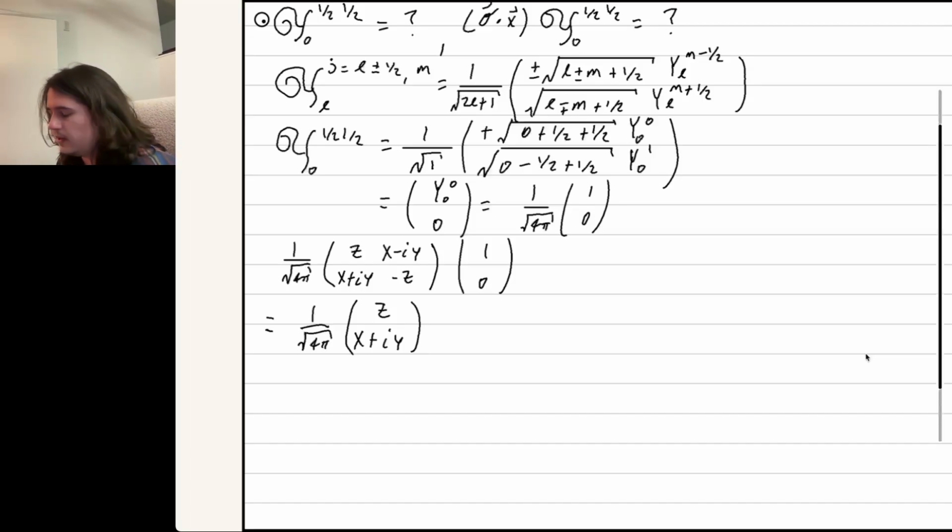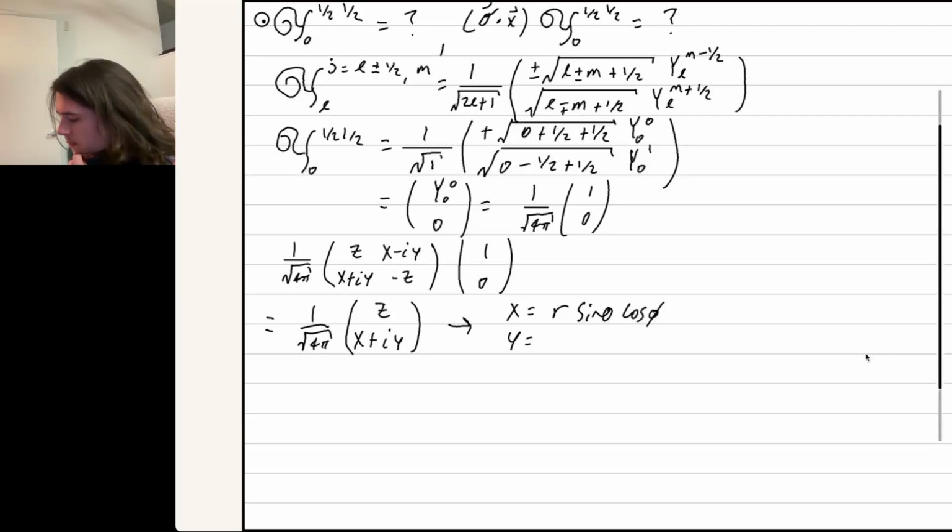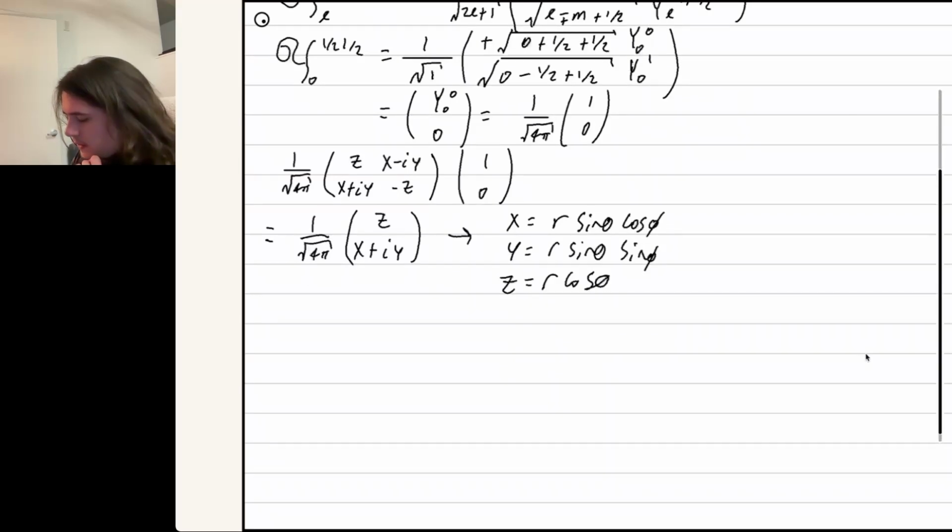This problem is in the geometry of a sphere, so I think it'd be better if we converted to spherical coordinates using the regular old spherical coordinate transformations: r sine theta cosine phi, r sine theta sine phi, and r cos theta. Just plugging those guys in there.